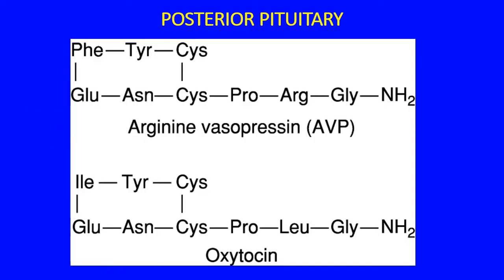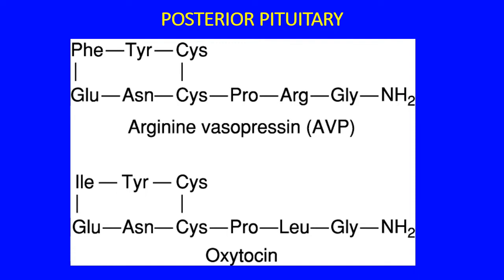Here is the comparison of the two. If you notice here, you have this ring structure that occurs. What you have is a disulfide bond between the two cysteines here and here. But when you start comparing the amino acids, tyrosine's here and asparagine's here.